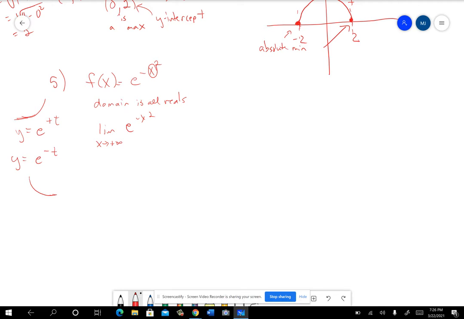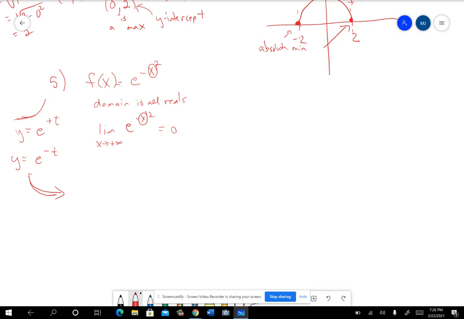If you put in positive infinity and you square it, that's going to be positive, and then you do the opposite of that, that's going to be a negative, really big number. So it's going to be doing this as you approach positive infinity. That means the limit as x approaches positive infinity is going to wind up being 0. So that's going to approach 0 for the end behavior.